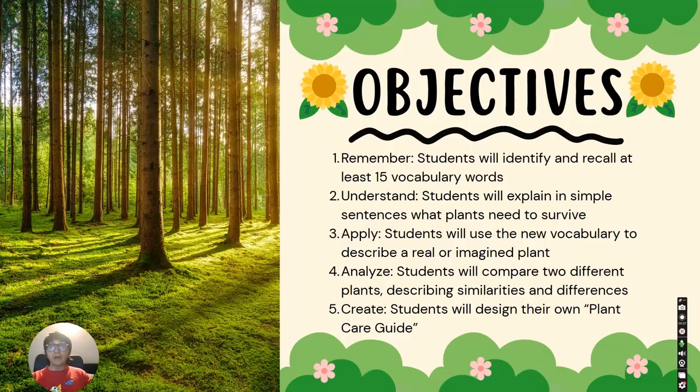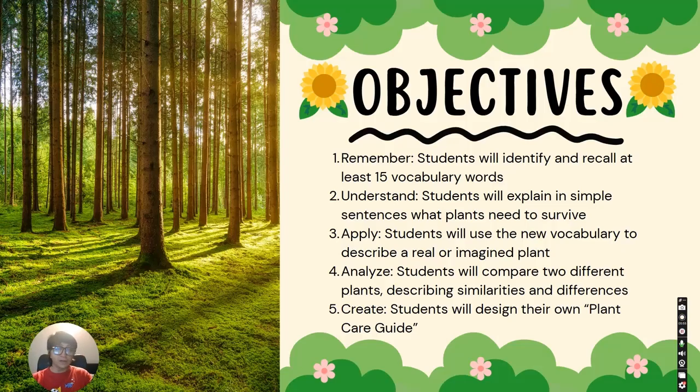Now, the third level is apply. The idea here is for our students to use their vocabulary to describe a real plant or one they can imagine. It's also something that they can do: imagine a plant, and the idea is for them to describe a daily routine for the plant. It could be either in speaking or writing.